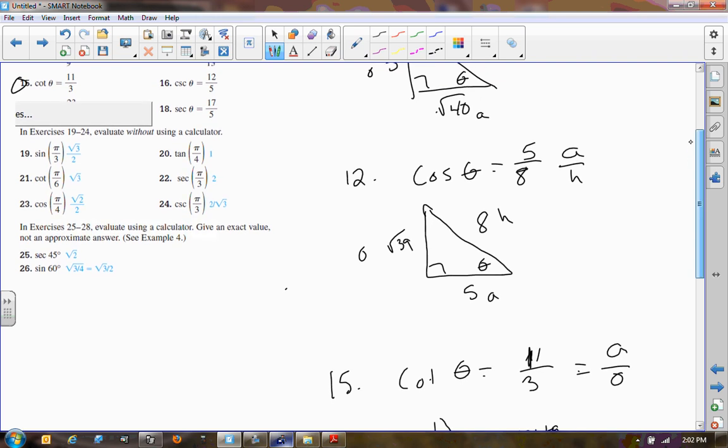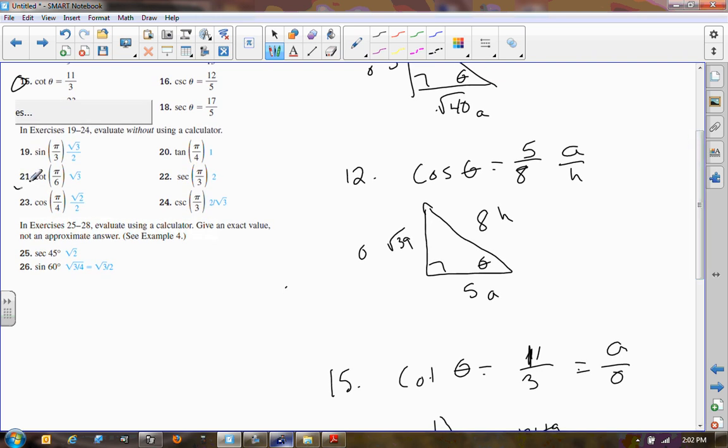Let's see, 18, 21. Use your calculator. 24, we're going to use your calculator. All right. 21. The cotangent of pi over 6. Pi over 6, I think we already figured out, is 30 degrees. Cotangent. I don't have a cotangent key on my calculator.